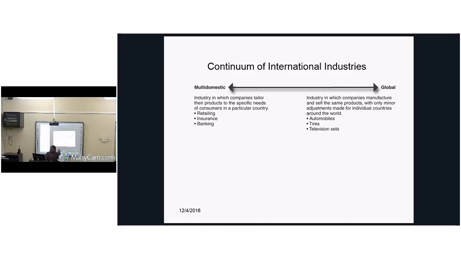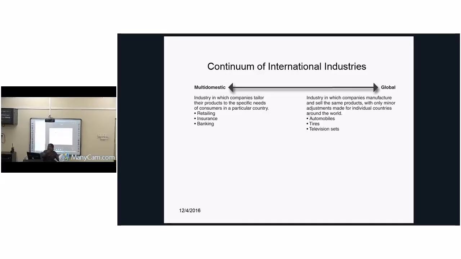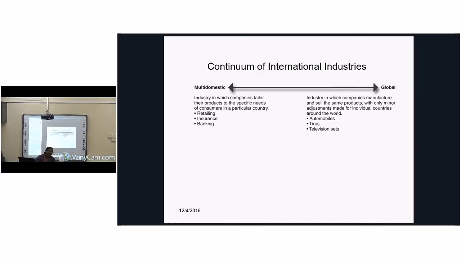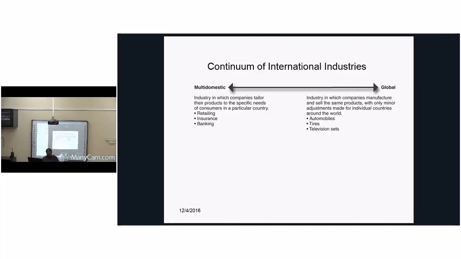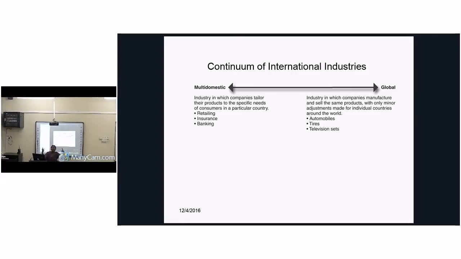For example, for a domestic company, the pressure from these forces is different from a global company. For a global company, the pressure from the task environmental forces is different than for a domestic company. The global company faces severe competition.